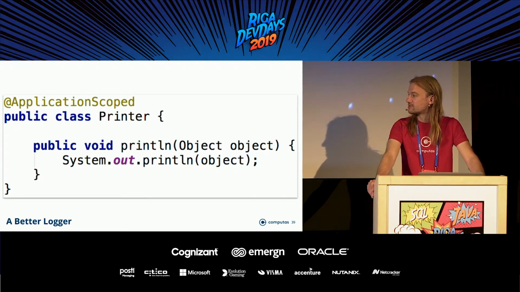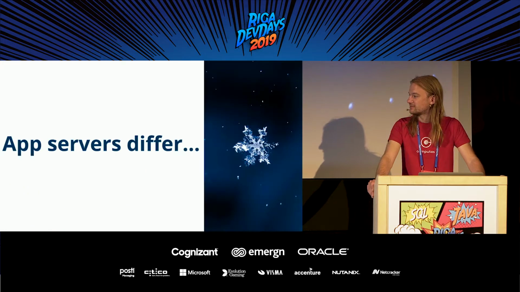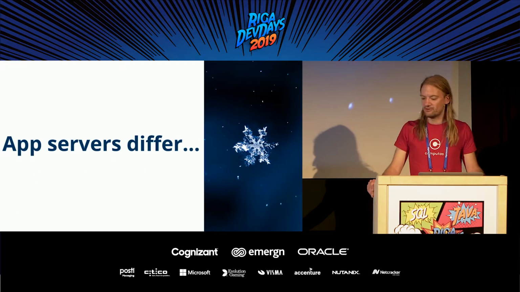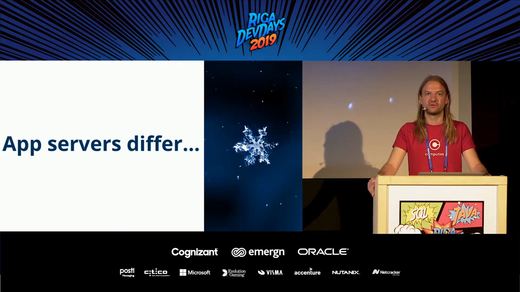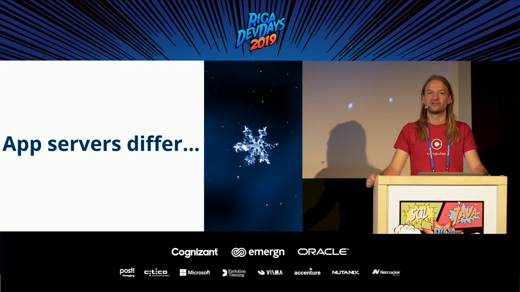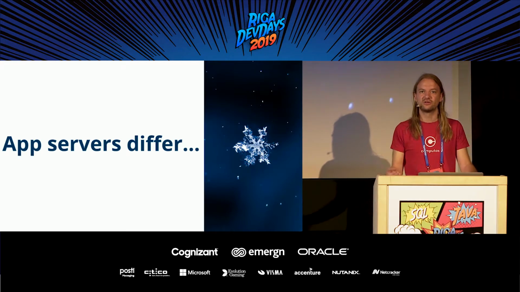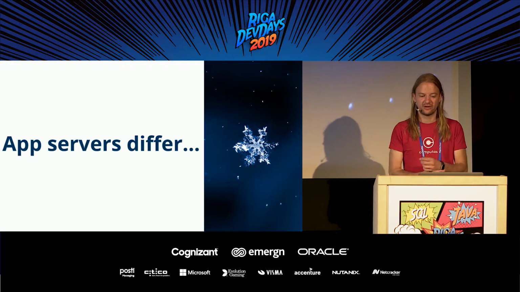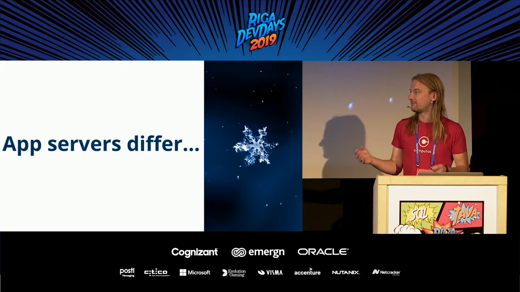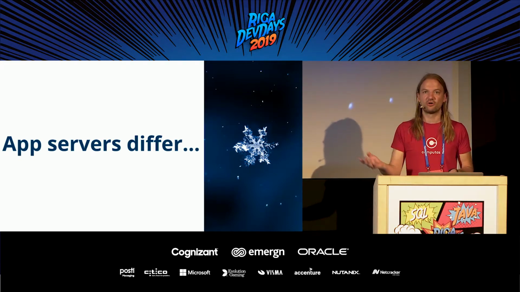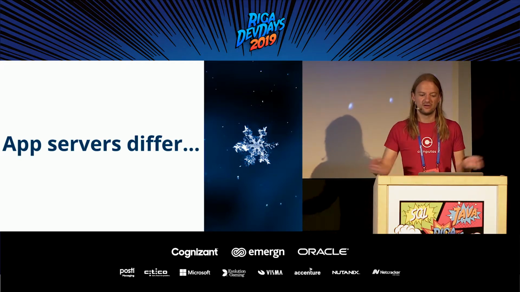We also learned that app servers differ. As we've been using different app servers, we've seen that they start up in different times. Some of them have problems with one specification in Microprofile, others don't, but they have problems on the other hand. And some app servers are really fast with new versions of Microprofile or new versions of Java, and some aren't.